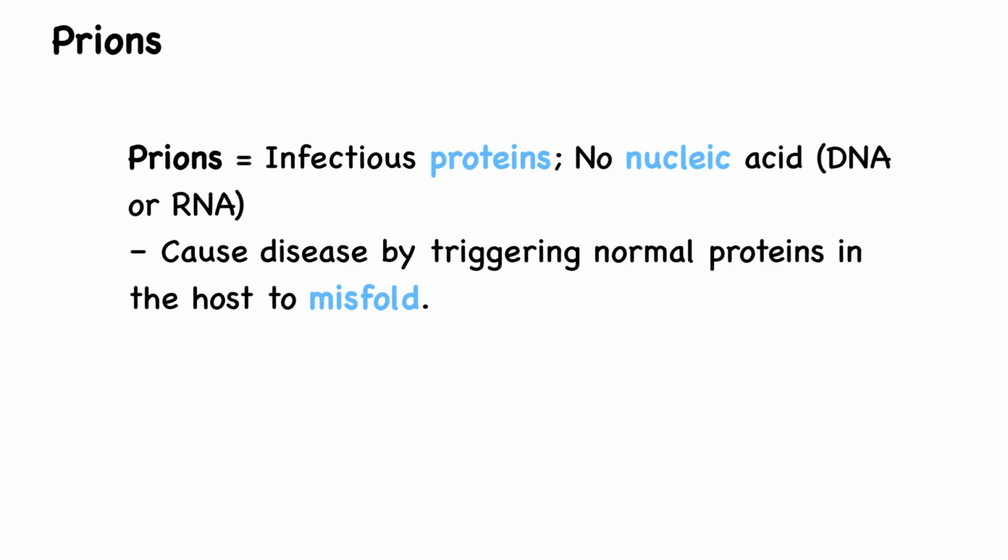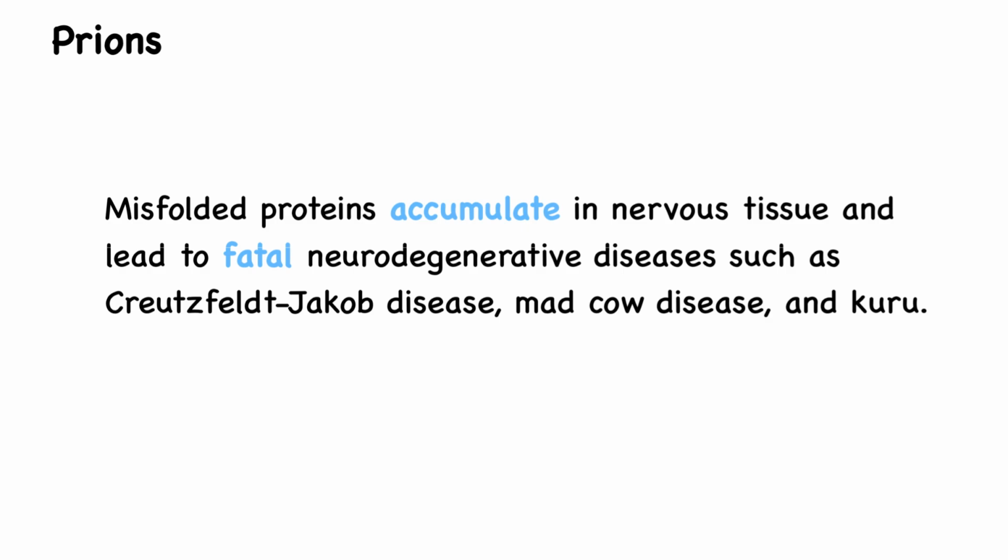They are infectious proteins with no nucleic acid, meaning they have no DNA and no RNA. Instead of carrying genetic instructions, prions cause disease by triggering normal proteins in the host to misfold. These misfolded proteins accumulate in the nervous tissue and lead to fatal neurodegenerative diseases such as Creutzfeldt-Jakob disease, mad cow disease, and Kuru.